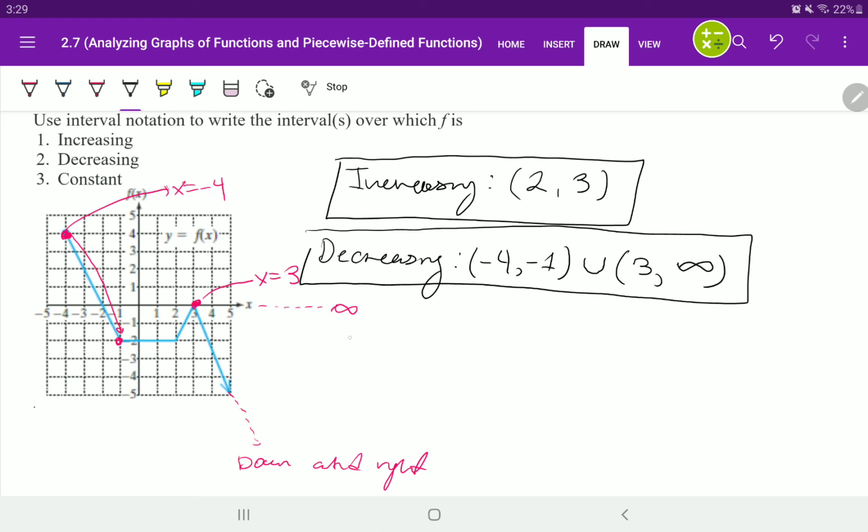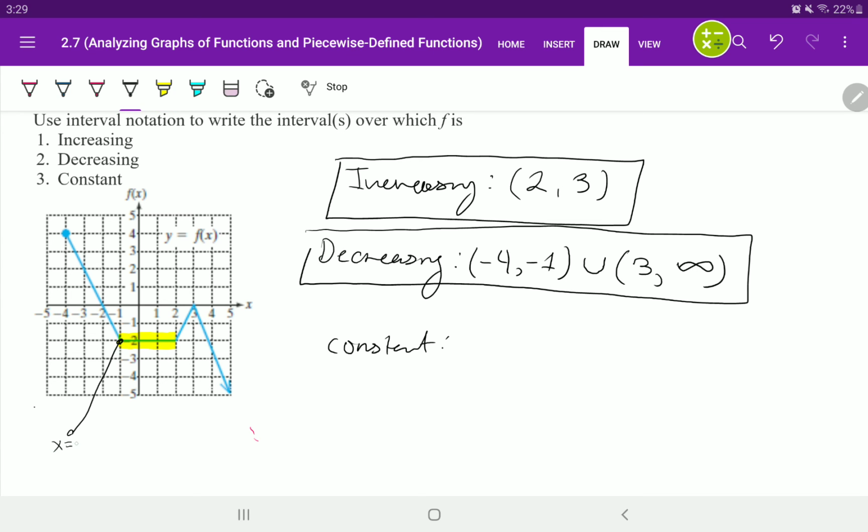Now we're going to focus on the interval of the function being constant. That means as x increases, the y values remain the same. Let's clear this. So there's only one interval of constant, and that starts at the x value of -1, and it travels to the x value of +2.